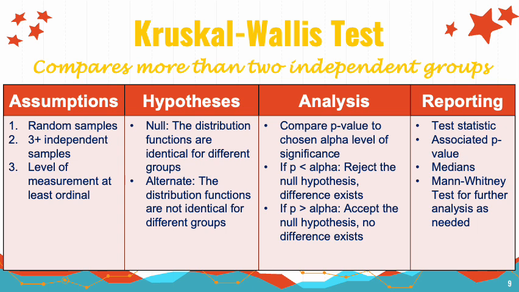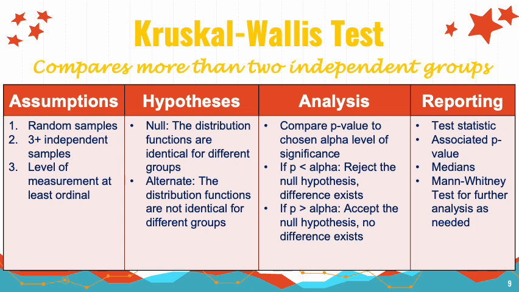If the p-value is smaller than the chosen alpha level of significance, you reject the null hypothesis and say that the distribution functions are not identical. If the p-value is larger than our alpha level of significance, you accept the null hypothesis and say that the distribution functions are identical.